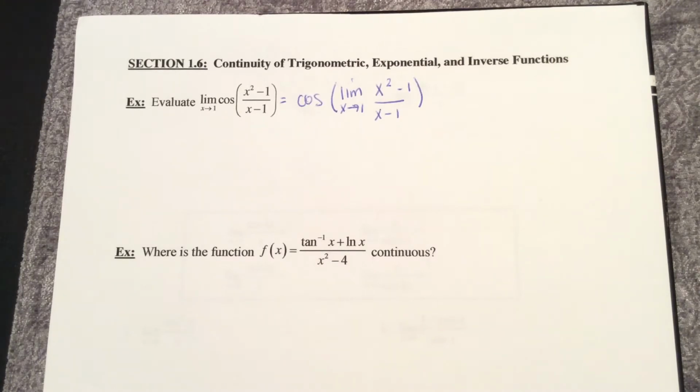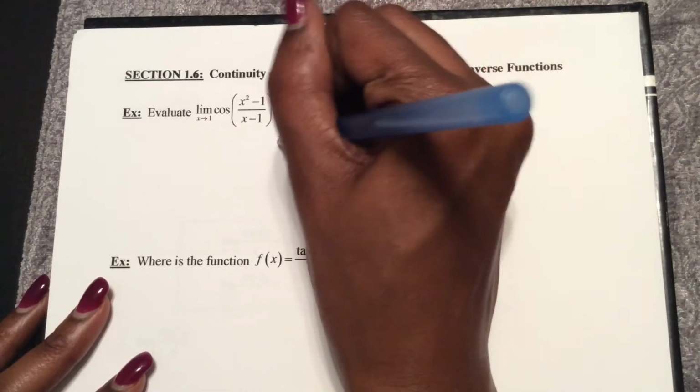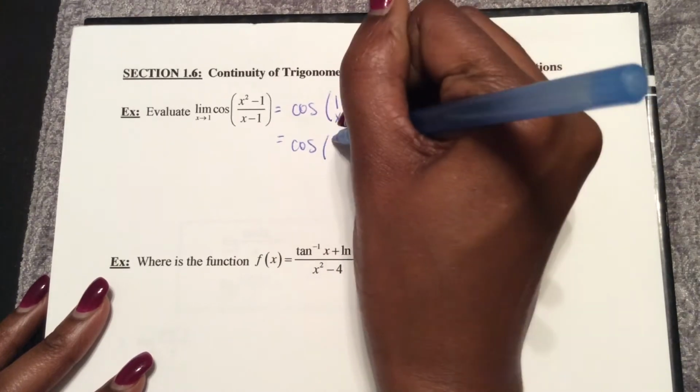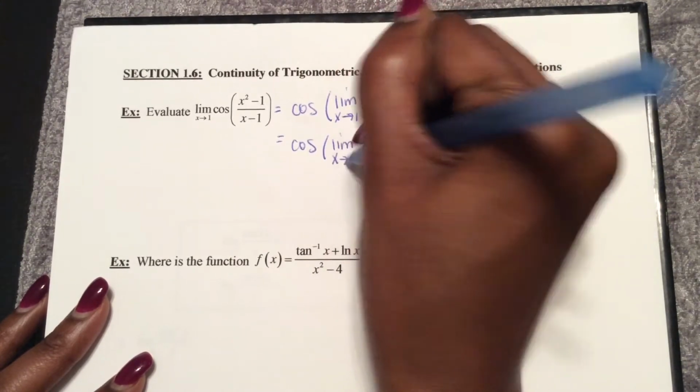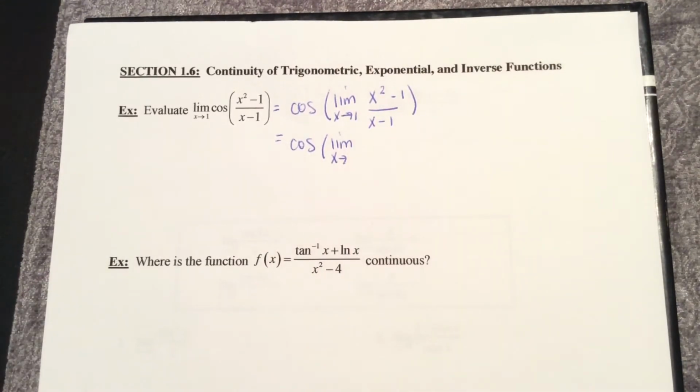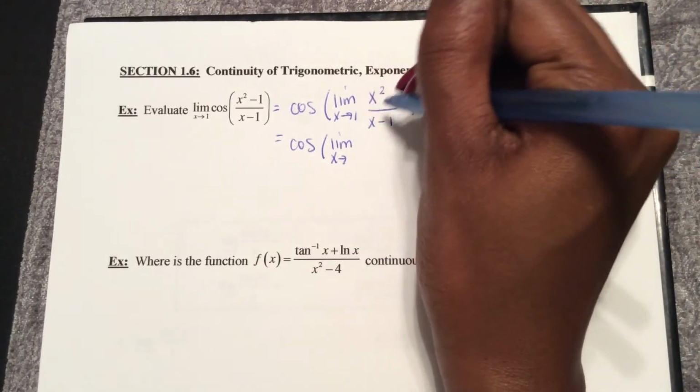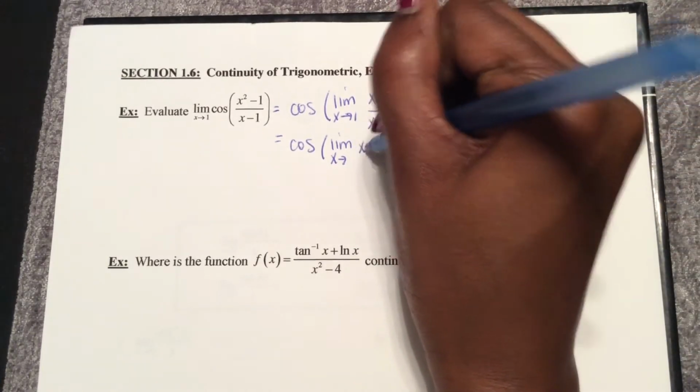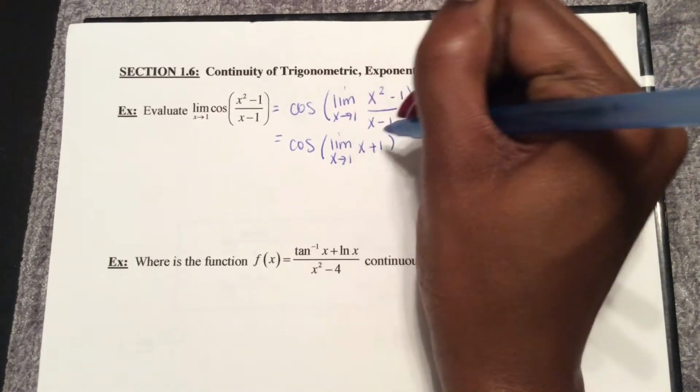As I investigate that limit as x approaches 1, I get an indeterminate form, 0 over 0. So I would manipulate that rational function by factoring the numerator to be (x plus 1)(x minus 1). I cancel out x minus 1 to leave x plus 1.